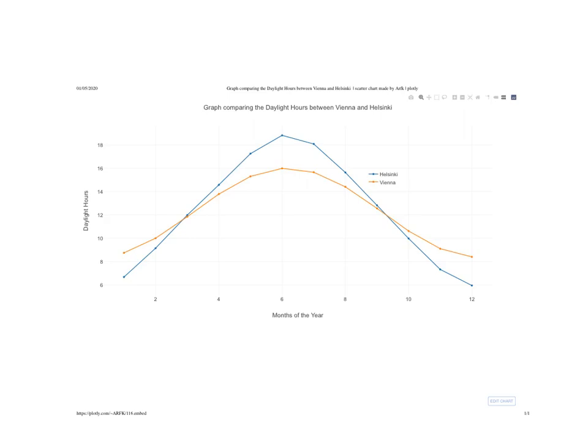Over here, you have the daylight hours for Helsinki and Vienna. And you'll notice that obviously in their winter, the daylight hours are short, and then in their summer, the daylight hours are long. And that the change in daylight hours isn't a straight line. This is what you will be investigating.